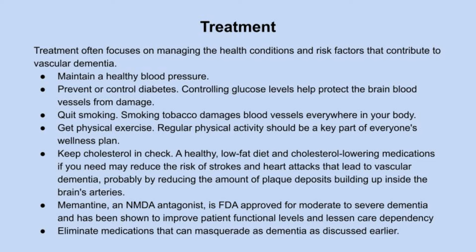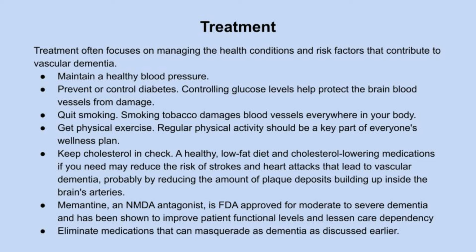Of course, we need people to stop smoking, because smoking damages blood vessels everywhere in the body. Exercise is very important. Regular physical exercise should be a key part of everyone's wellness plan. And keeping cholesterol in check, a healthy low-fat diet and cholesterol-lowering medications reduces the risk of strokes and heart attacks leading to vascular dementia.